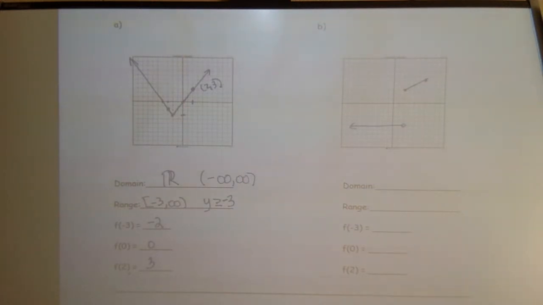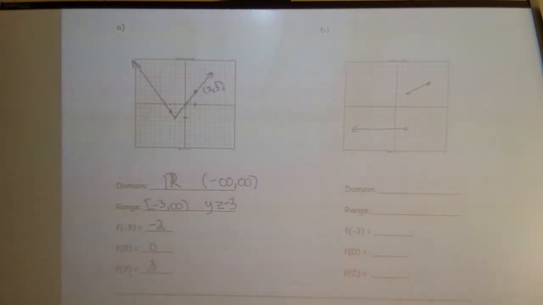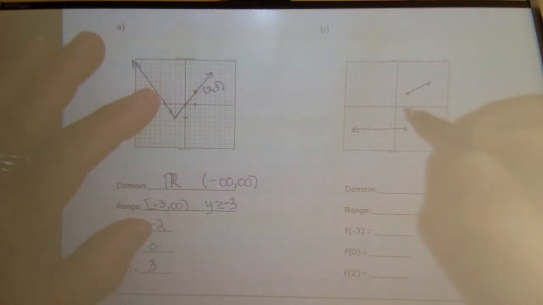So now we're going to do a quick scan of our x's. Well, this goes on forever this way. What's that point where it stops? What's this point? 6, 5.